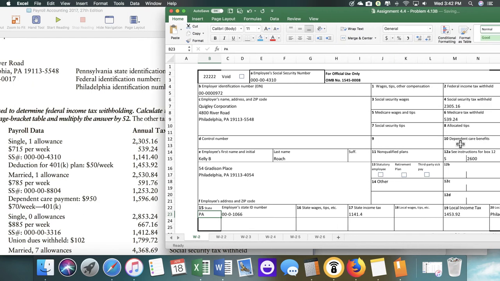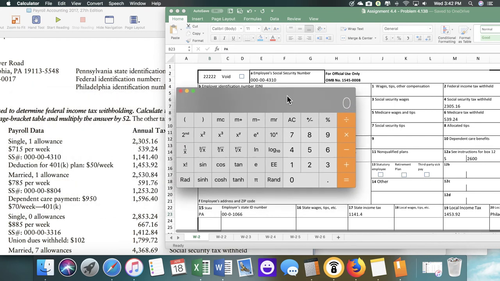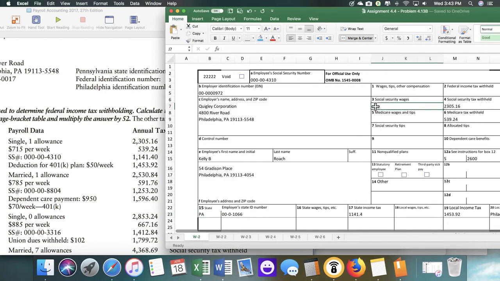So now that we have most of the information entered for Kelly Roach, let's find out her actual payroll. So she's given $715 a week times 52 weeks. So that's $37,180. So that's going to be in boxes 3, 5, 16, and 18. Make sure that's the right amount, $37,180.